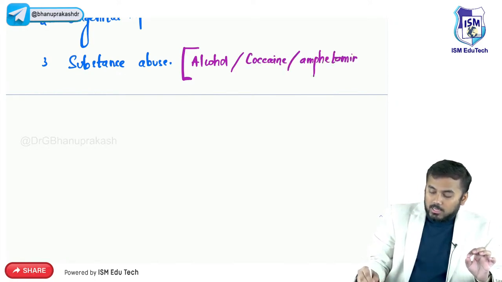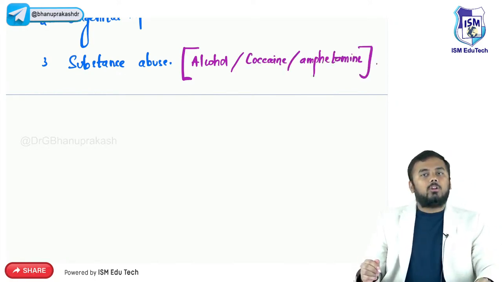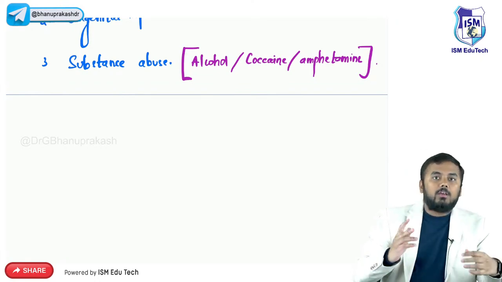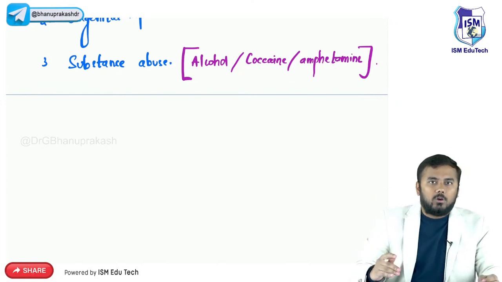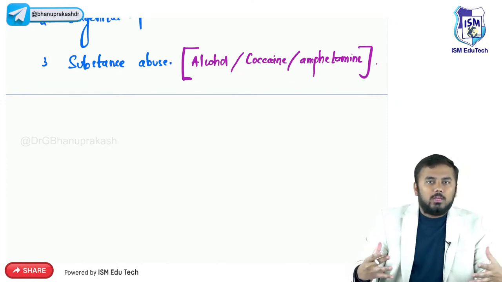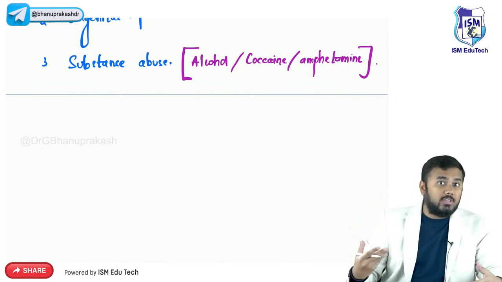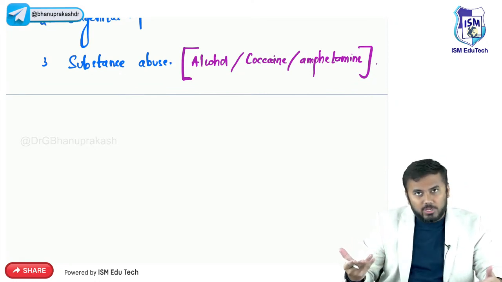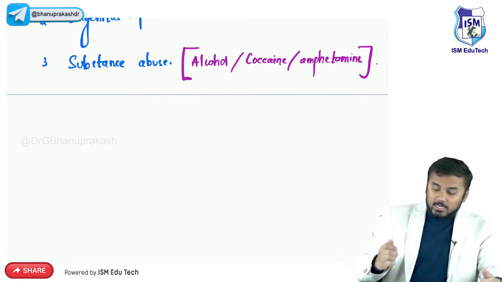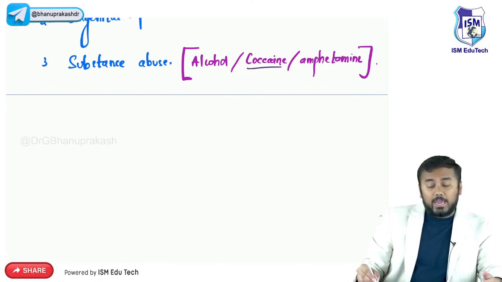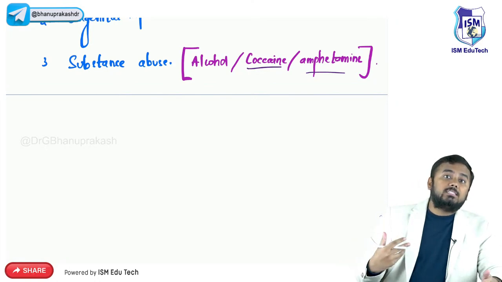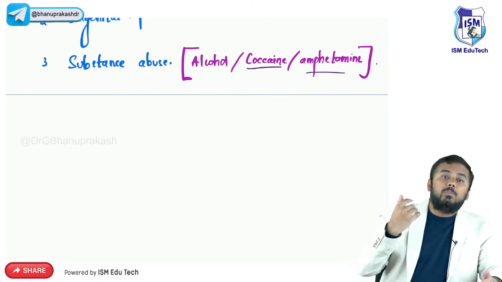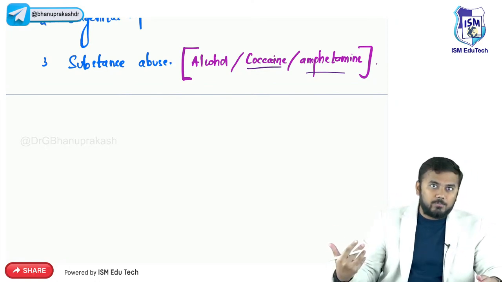Now see, sir, how can a neonate take all this, not neonate, dear. Whenever a pregnant woman, if you see in the European countries, where there is a lot of snow, there they have a habit of smoking. Even when they are pregnant, they have a habit of smoking. But if she has some extracurricular activities, for example, cocaine and amphetamines, then the fetus inside will have less blood perfusion. So this would lead to even fetal death.